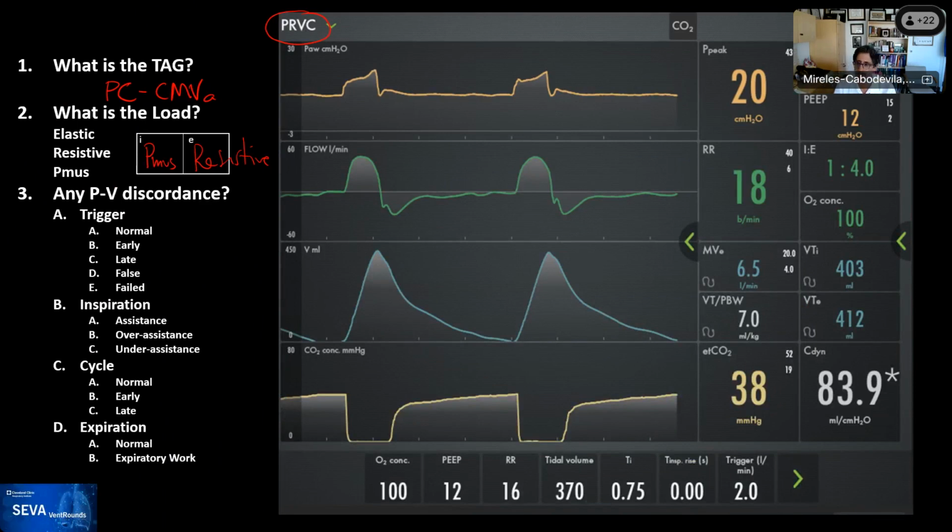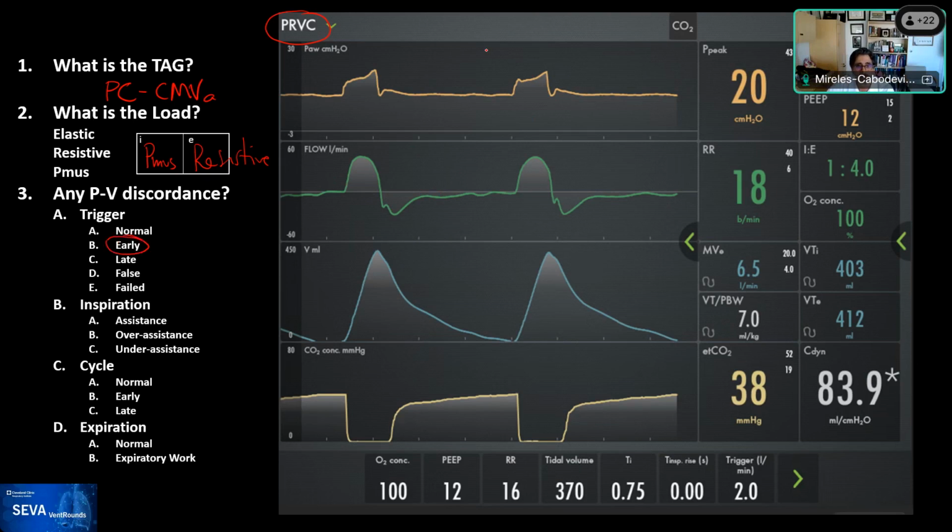So what trigger issue does this patient have? Yeah. Megan says early. Yeah. So Ariel said it with a question mark, but this is without a doubt a very hidden, very nice early trigger.